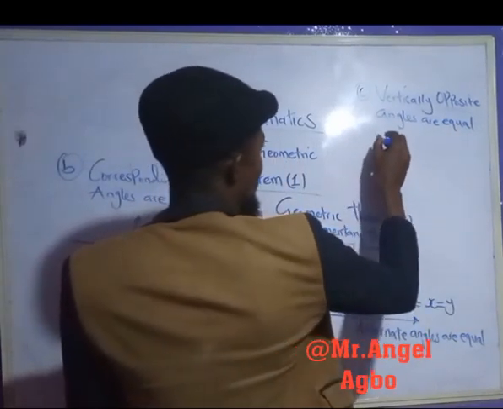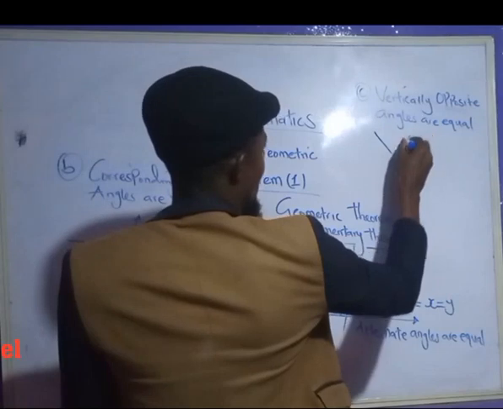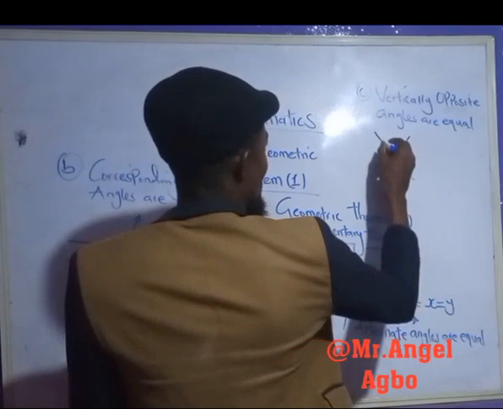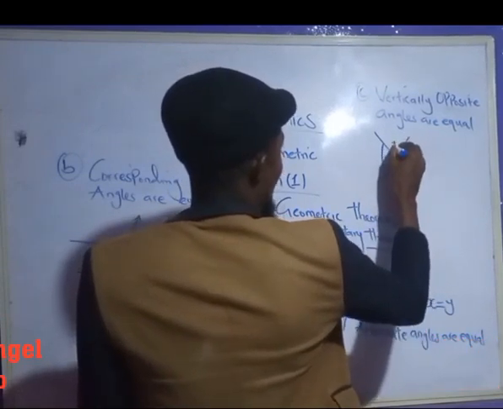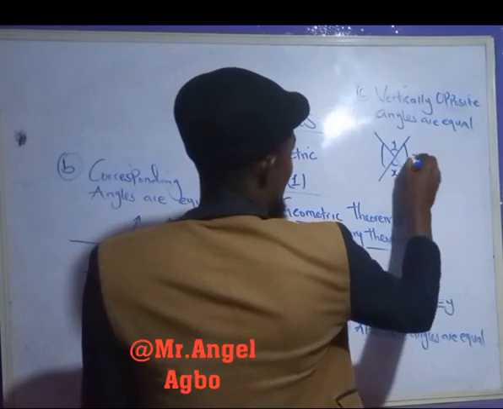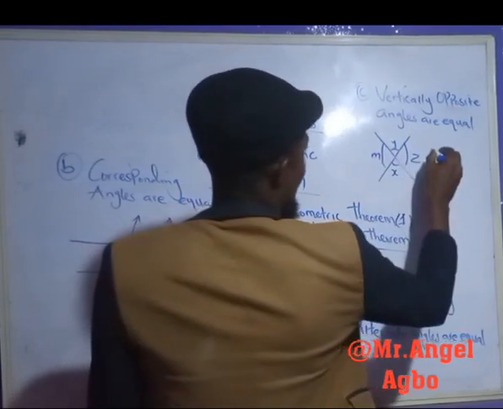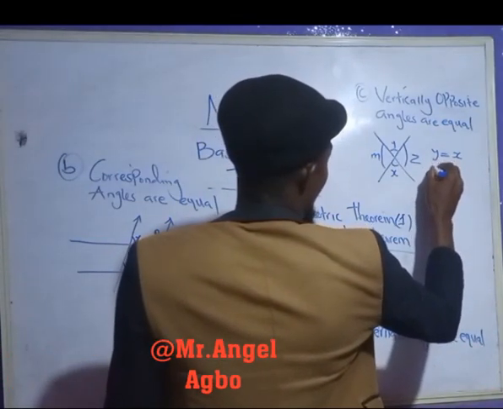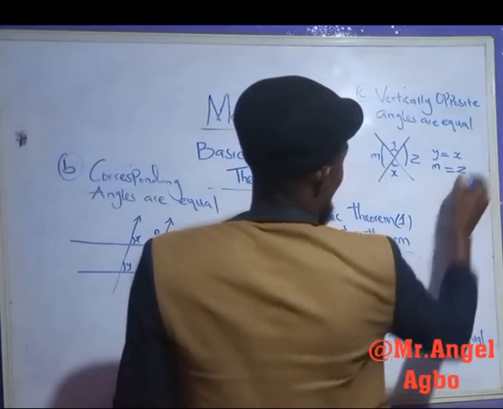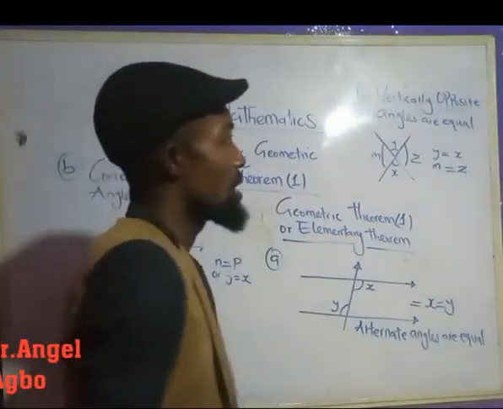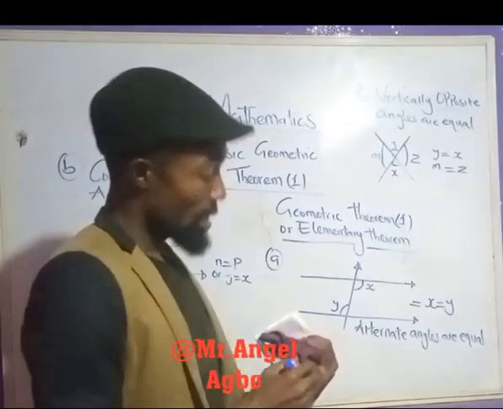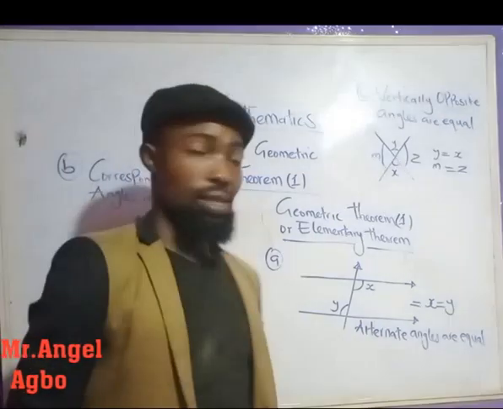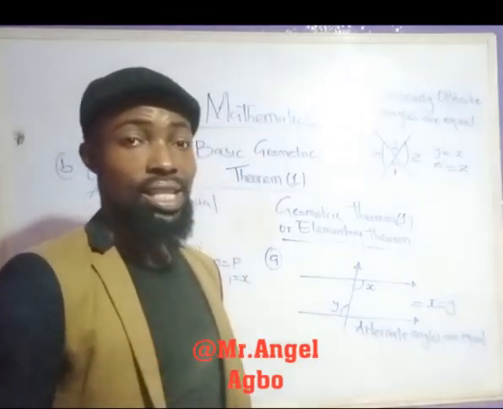Example, we have something like this. This one is Y, this is X, this is Z, and this is M. You can see Y is equal to X, and M is equal to Z. What we are trying to say is, if Y is equal to 80 degrees, our X is equal to 80 degrees.